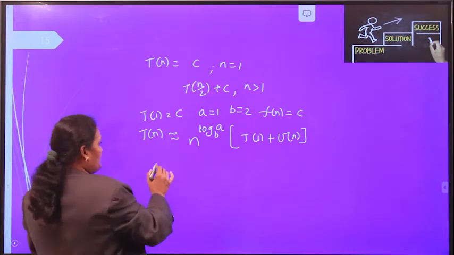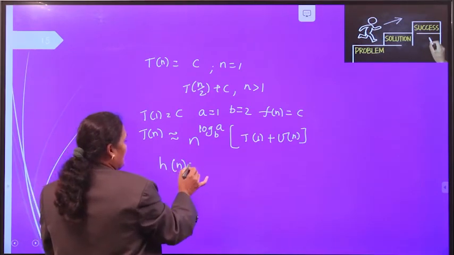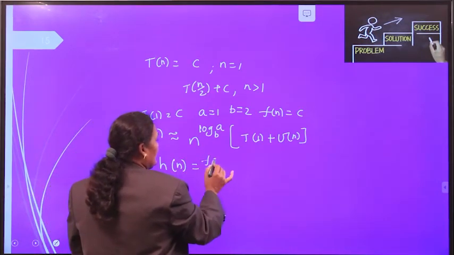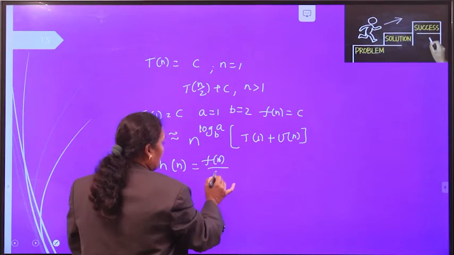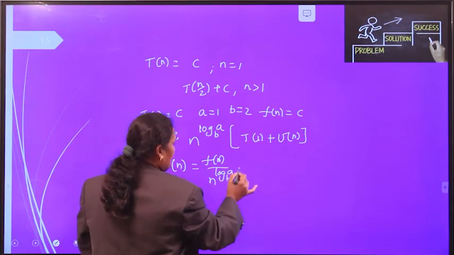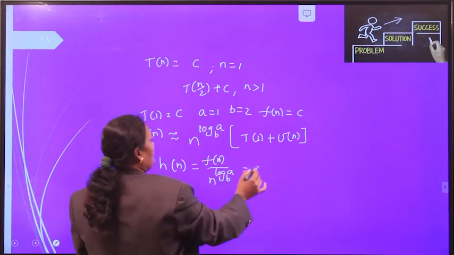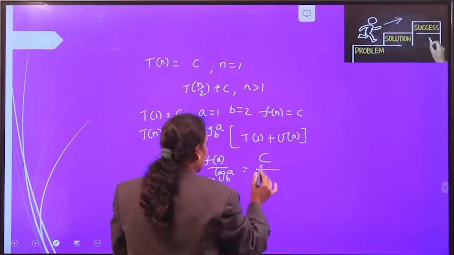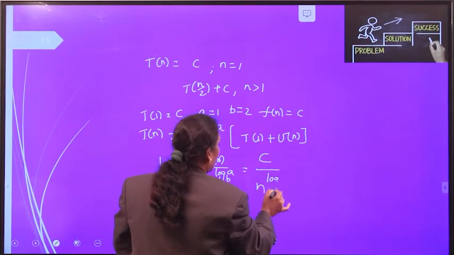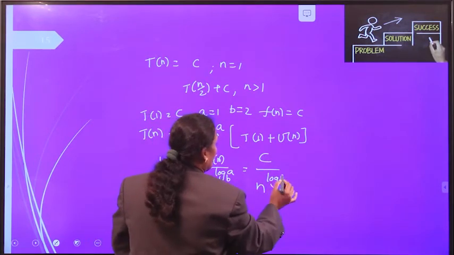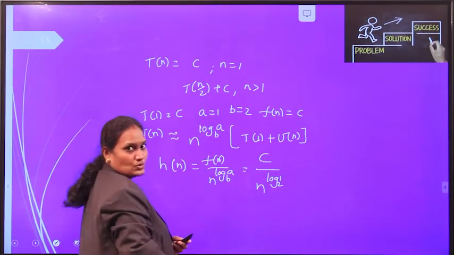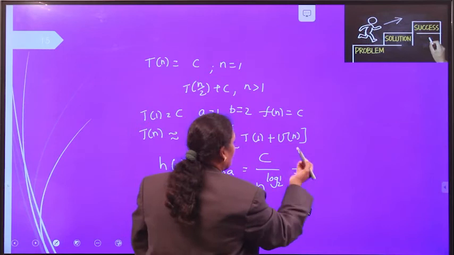For finding U of n, you need to find H of n. H of n is equal to f of n by n power log a base b. What is f of n? F of n is C by n power log, where a is 1 and base b is 2, n power log 1 base 2.